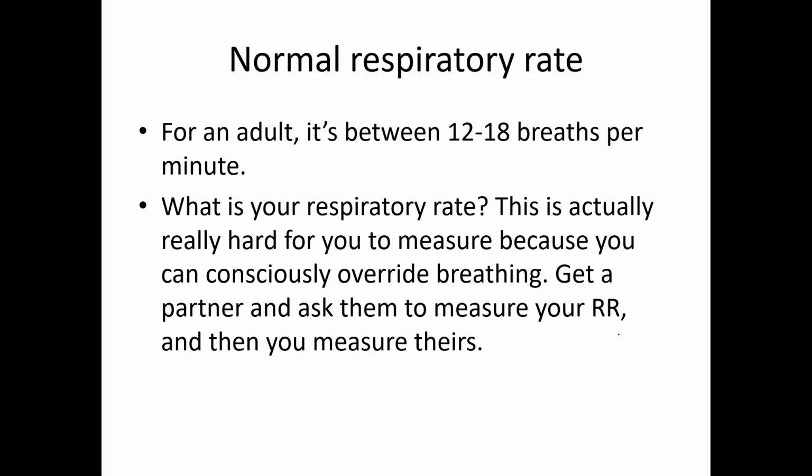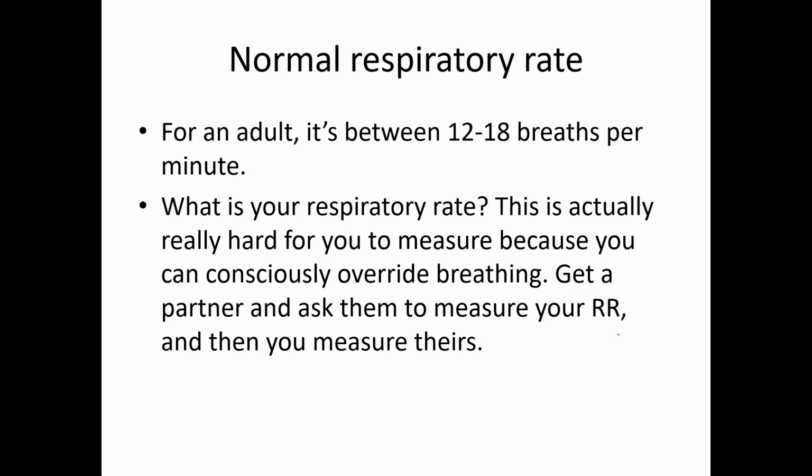Now, a more accurate way to do this is actually the way nurses do it. In last week's class, I told you about pulse oxes, and I mentioned that pulse oximeters measure pulse. That means doctors and nurses don't actually have to measure your pulse, and yet they still grab your wrist and act like they're measuring your pulse. What they're actually doing is measuring your respiratory rate without telling you, because if they told you, you could change your respiratory rate.